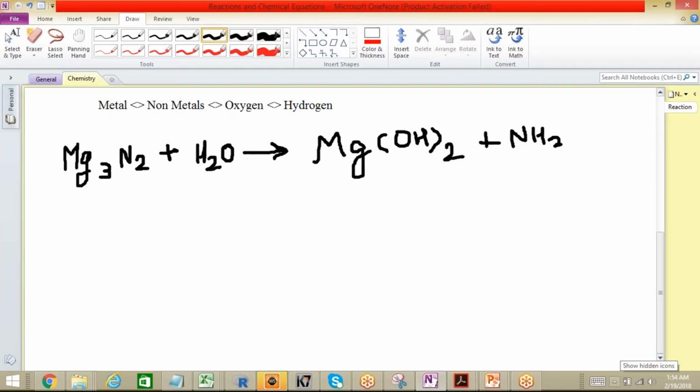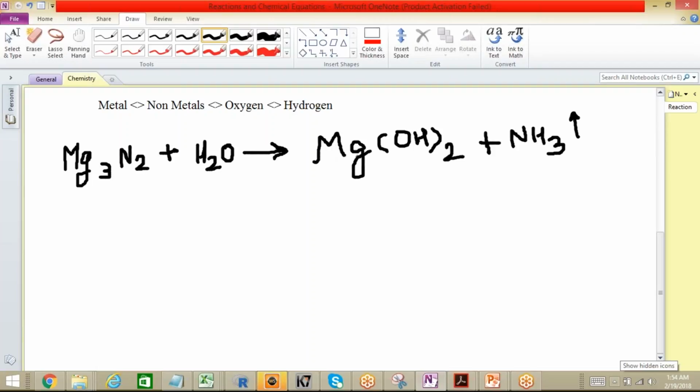Now this ammonia will flow away as being a gas. Fine. Now let us check if this given equation is balanced or not. So first of all, we have a metal, that is magnesium. It's having three atoms over here before the reaction.